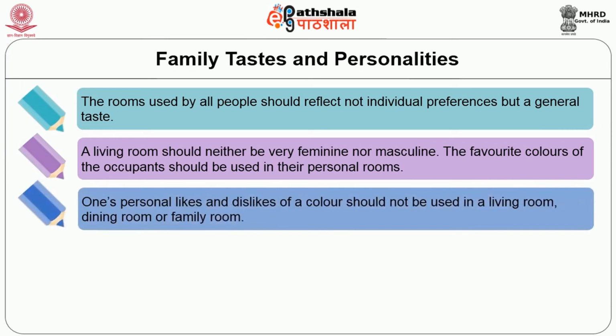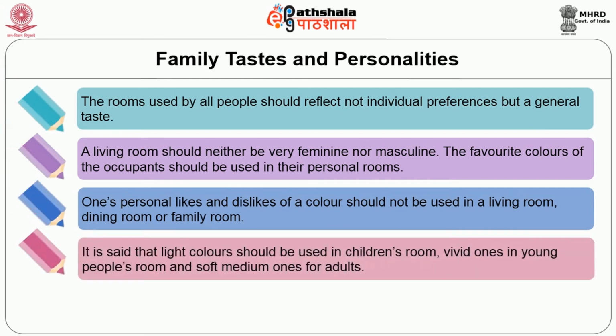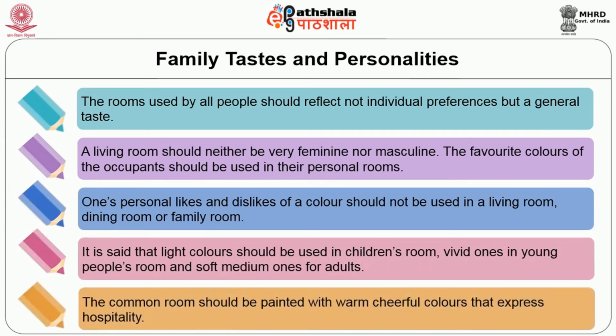One's personal likes and dislikes of a color should not be used in a living room, dining room, or a family room. It is said that light colors should be used in children's room, vivid ones in young people's room, and similarly soft medium ones for adults. The common room should be painted with warm, cheerful colors and express hospitality.